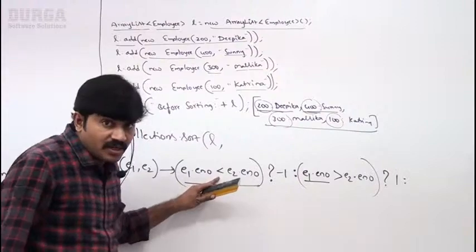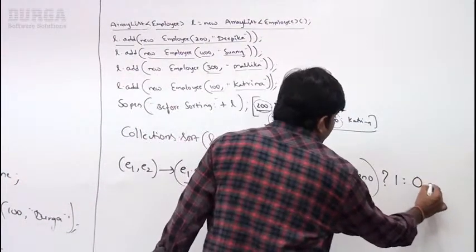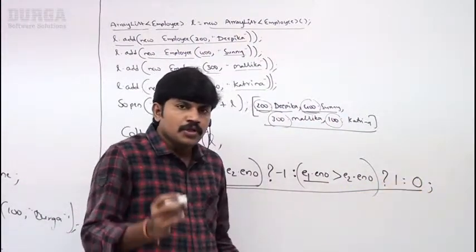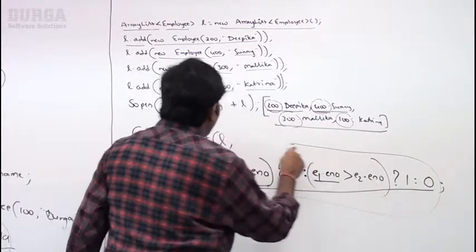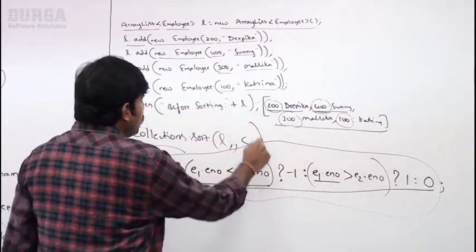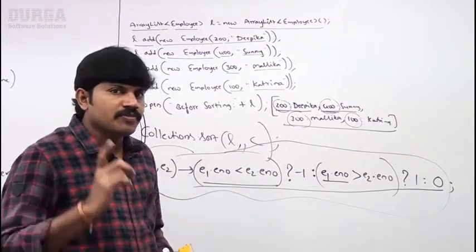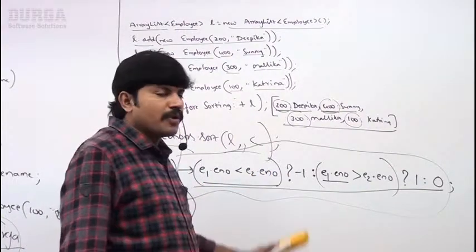If this condition is not satisfied and this condition also is not satisfied, then automatically 0. Are you getting? 0 means both are equal. If you pass this lambda expression as an argument to this sort method, automatically all employees will be sorted according to ascending order of employee numbers.